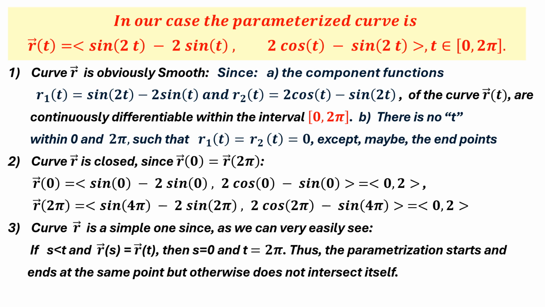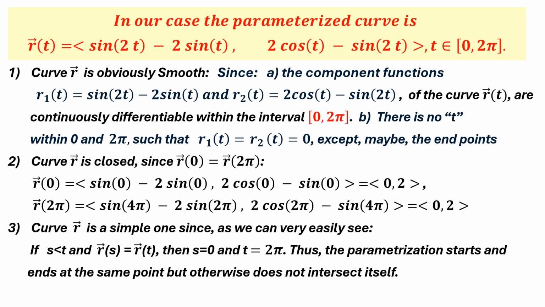Second, curve R is also closed, since R of 0 equals R of 2 pi. And below we can see the proof of that. R of 0 equals sine 0 minus 2 sine 0, 2 cosine 0 minus sine 0, which equals 0, 2.